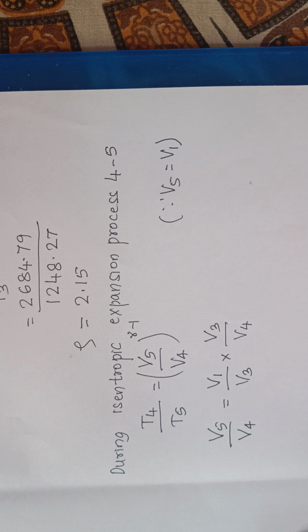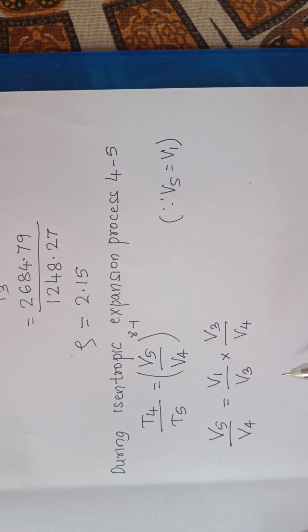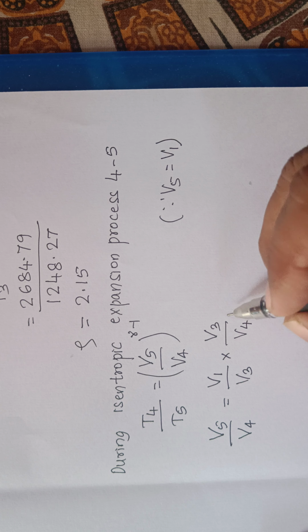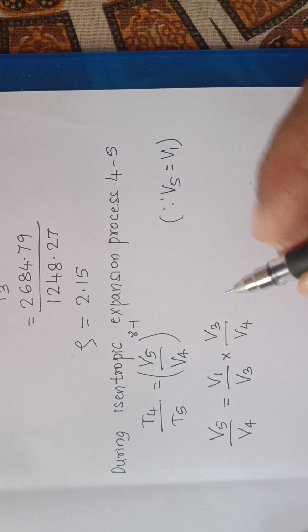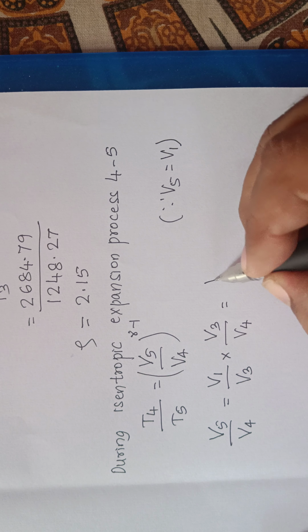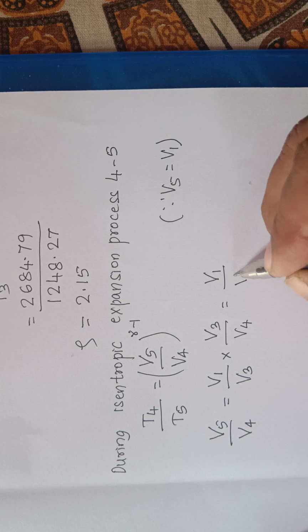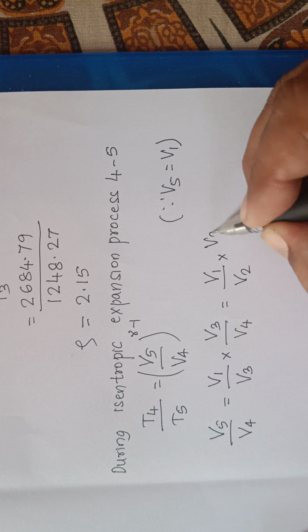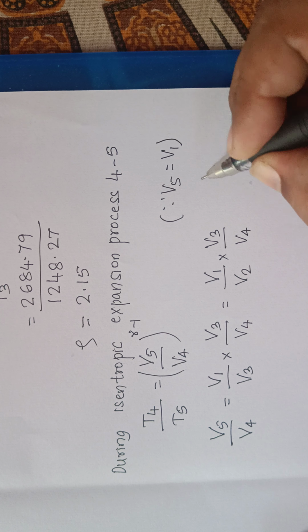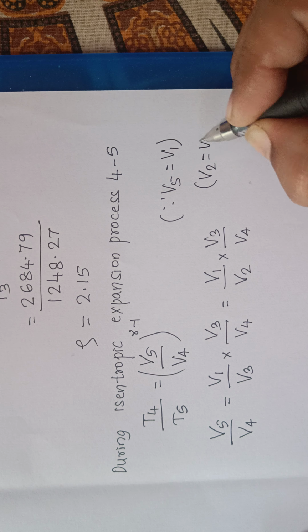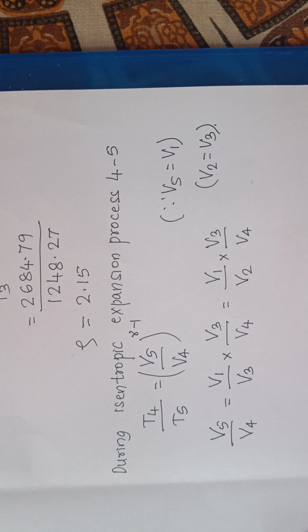So what is V1 by V3? I can write V3 is same as V2, so V1 by V2 into V3 by V4. V2 is same as V3, so what do I get?